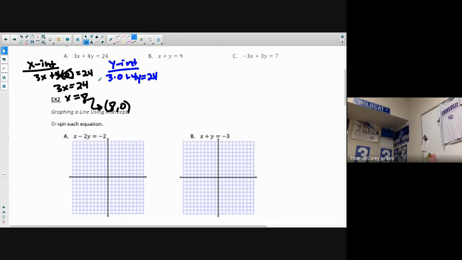That makes that just go away. So we have 4y equals 24. And that gives me y equals 24 over 4 is 6. Okay, so my y-intercept is y equals 6, or I prefer for you to think of that as the point 0, 6.